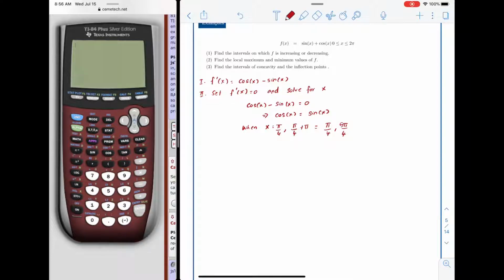We can also do this using the calculator. We have cosine x minus sine x, and we can graph it, perhaps between 0 and 2 pi.